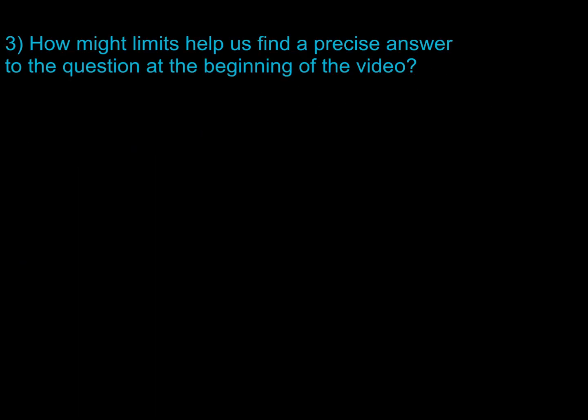Here I'm referring to the question at the beginning of the video about the speed of the bike rider at minute 4. And so think about how our new concept of limits might help us find a very precise answer to that question.